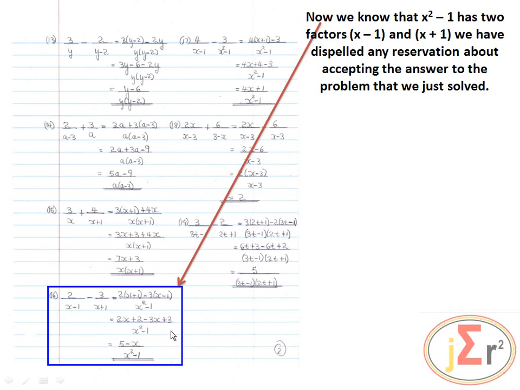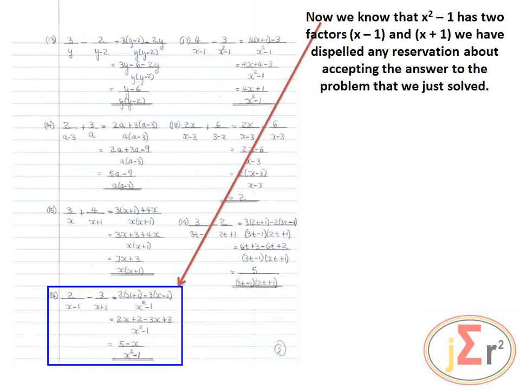So now that we know that x squared minus 1 has two factors, x minus 1 and x plus 1, we have dispelled any reservation about accepting the answer to the problem that we have just solved. So we have no difficulty with that.